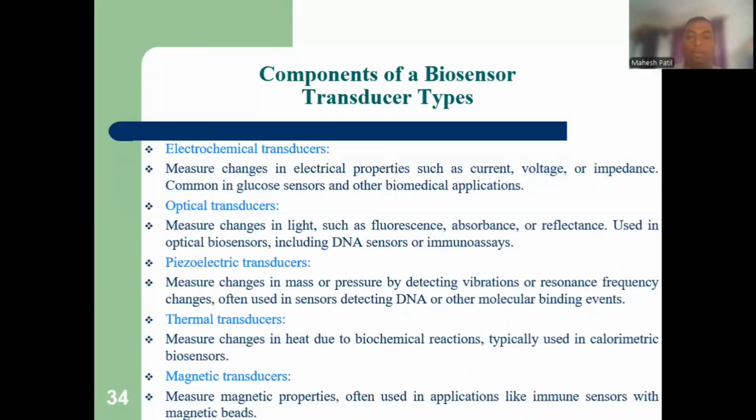Next are thermal transducers, which measure changes in heat because of biochemical reactions, typically used in calorimetric biosensors. And then we have magnetic transducers, which use magnetic properties, often in applications like immunosensors, where we have a magnetic bead structure. Those are the different transducer types in short, which we have already seen.